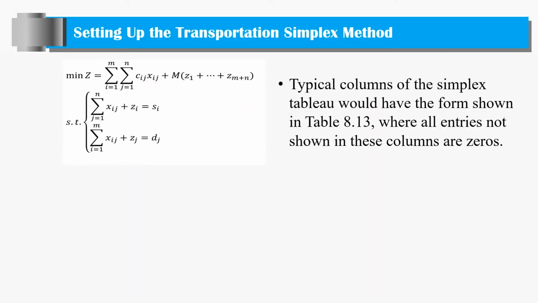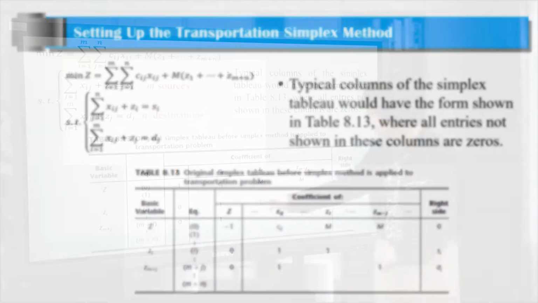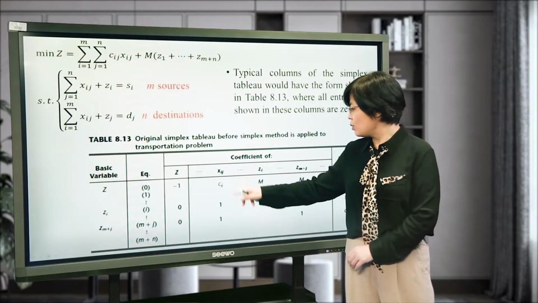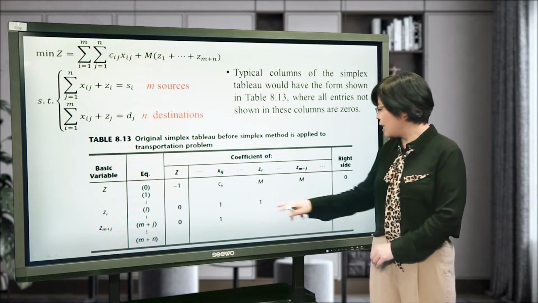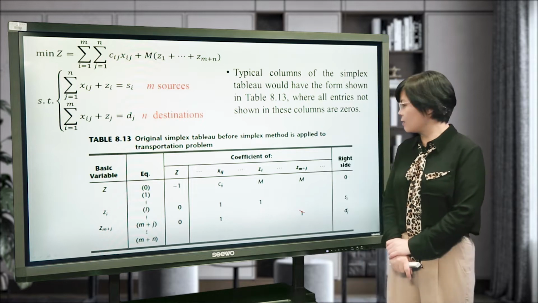Typical columns of the simplex tableau would have the form shown in this table. All entries not shown in these columns are 0. We just show the 1s, and the empty places are 0.